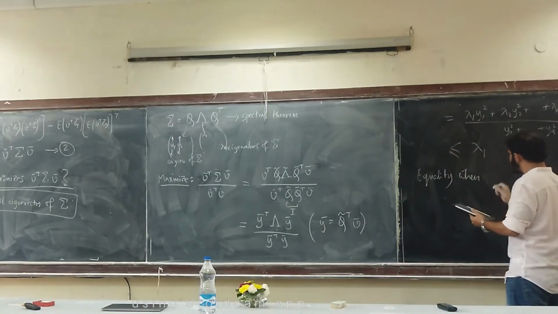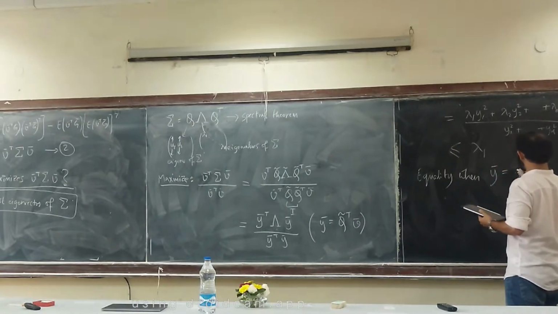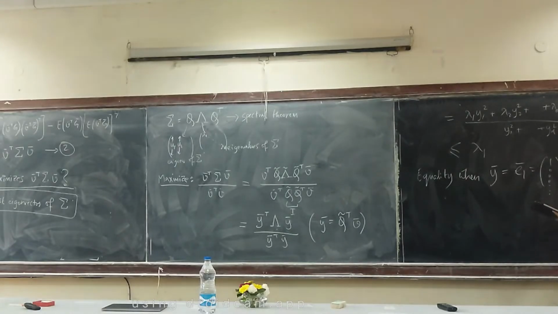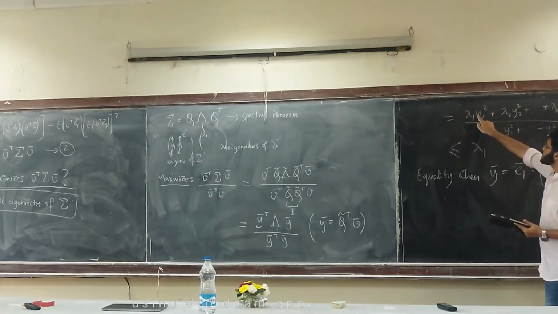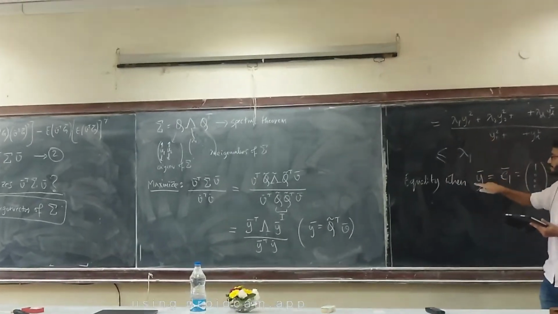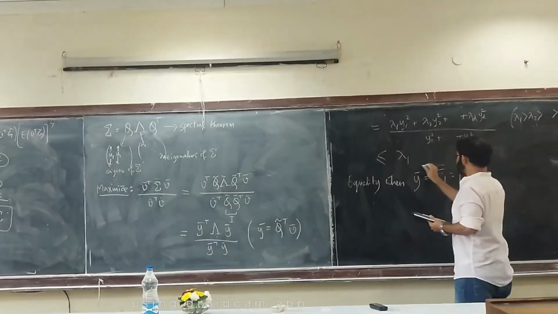Equality happens when y is equal to E1, which is my standard basis. Why is that? When y equals E1, your y has 1, 0, 0, 0, 0. This is my standard basis, which means here only y1 is 1. So you have lambda 1 there. All these other terms become 0. So this becomes equal to lambda 1 when y equals E1.